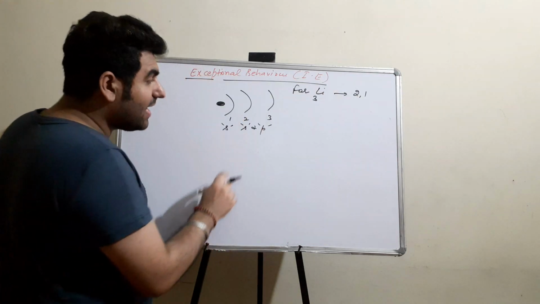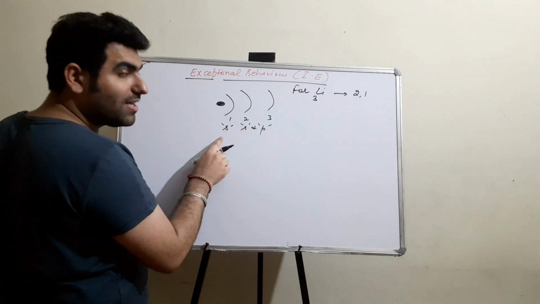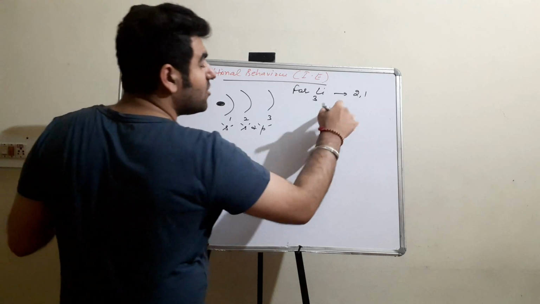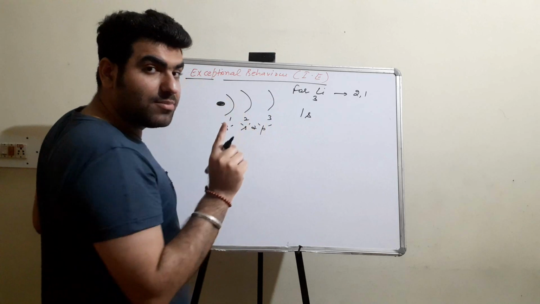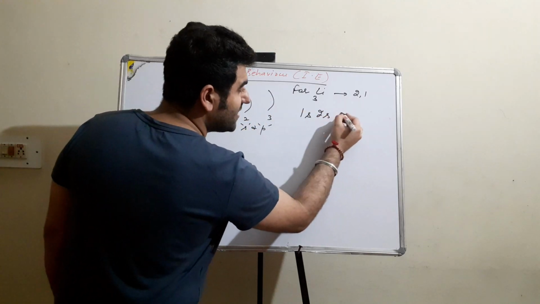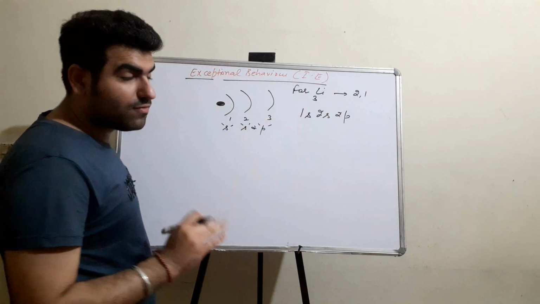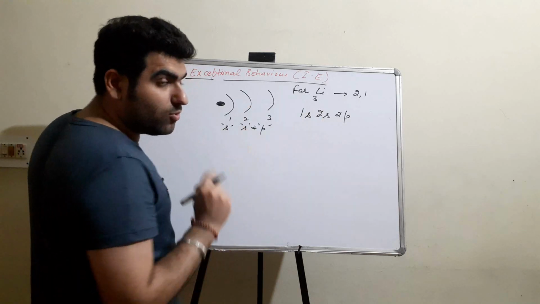Similarly, we can write the configuration based on subshells. The first shell has only s, written as 1s. The second has s and p, so it is 2s, 2p. Similarly 3s, 3p and so on. We are only concerned with 1s, 2s and 2p.